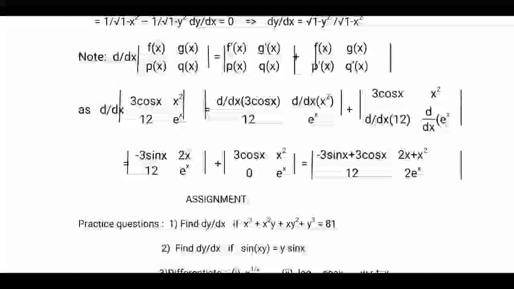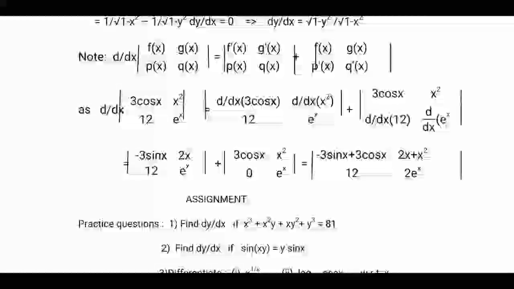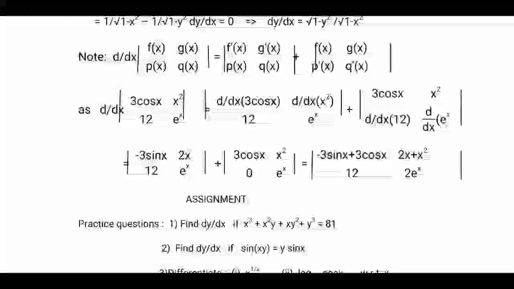Now there is a question, differentiation of this type of determinant: d upon dx of the determinant 3 cos x, x square, 12, e power x is equal to d upon dx of 3 cos x, d upon dx of x square, 12 and e power x remain as they are, plus 3 cos x, x square remain as they are, and d upon dx of 12 into d upon dx of e power x.